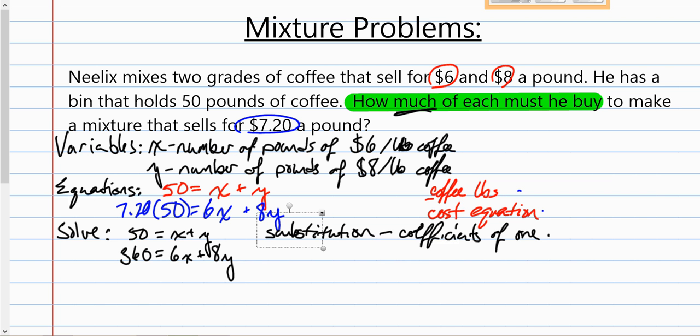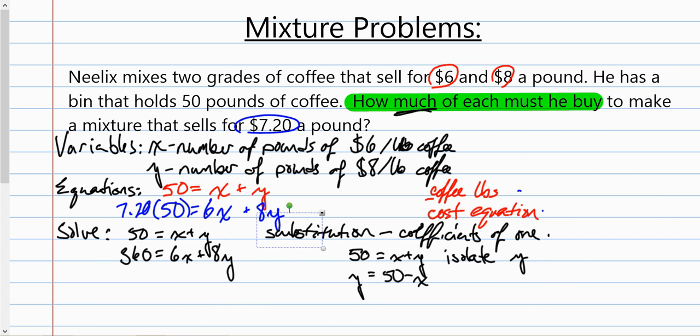So now I get to pick which of my two variables to isolate for our substitution. I'm going to take my 50 equals x plus y and isolate, pick a variable, any variable, isolate y. So y will equal 50 minus x.